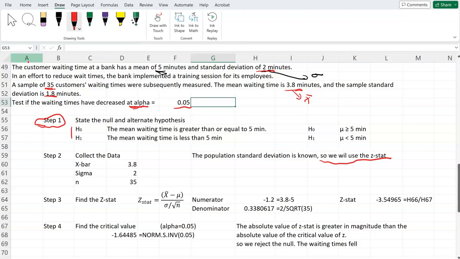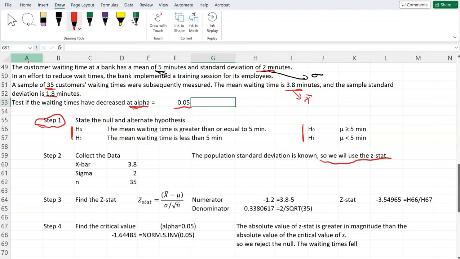You can write it in two ways, in sentence form like this, or in equation form like that. In our case, the null is that the population mean is equal to or greater than 5 minutes, and the alternate is that it is less than 5 minutes.